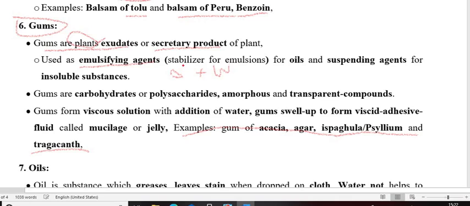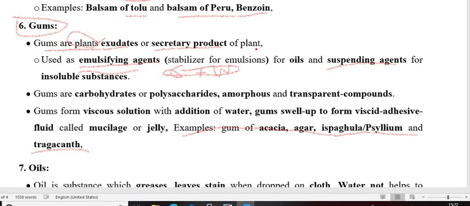So to mix oil with water, you have to have a suspending agent, an emulsifying agent. An emulsifying agent acts like a stabilizer, stabilizing the mixing of oil with water, or helping to suspend these two materials.